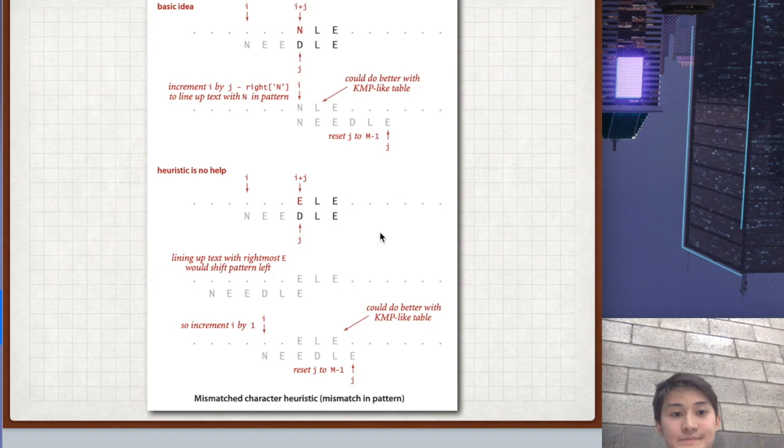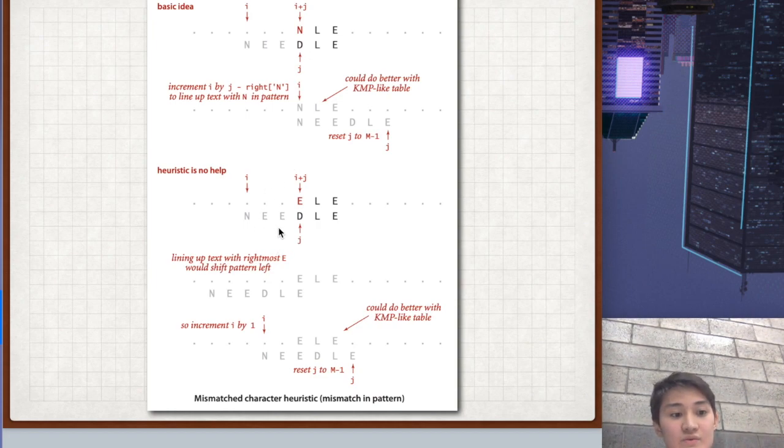Next, if the character c causing the mismatch is found in the pattern, we use the right array to line up the pattern with the text so that the character will match its rightmost occurrence in the pattern. To do so, we increment i by j minus right of c.